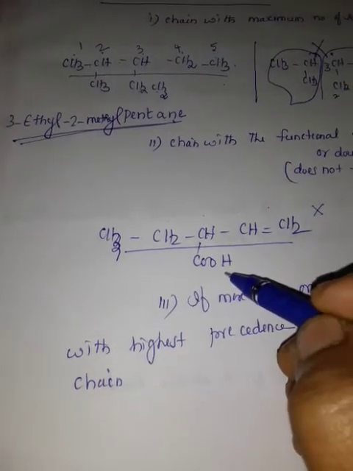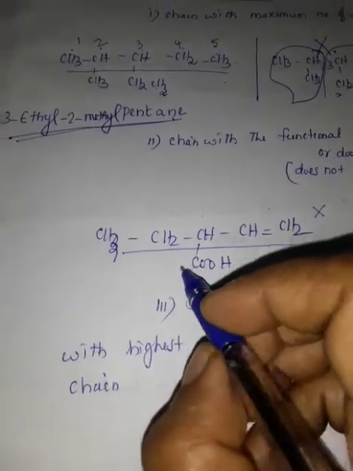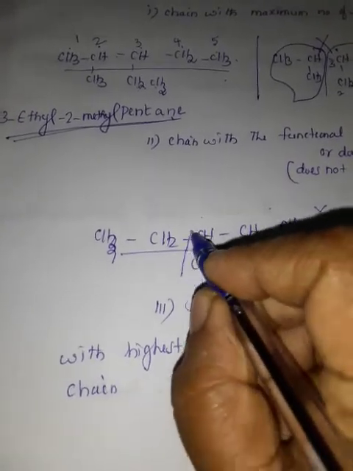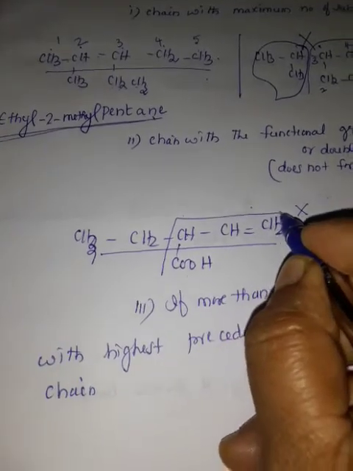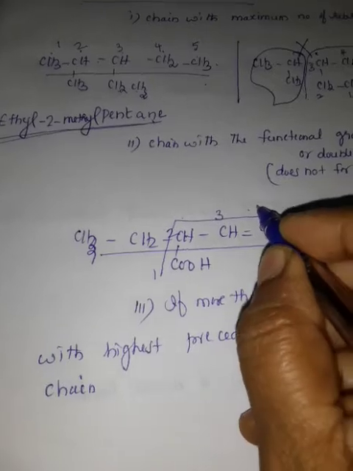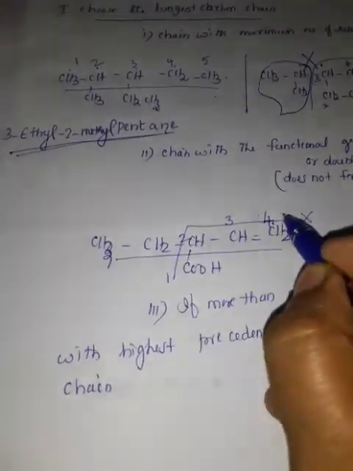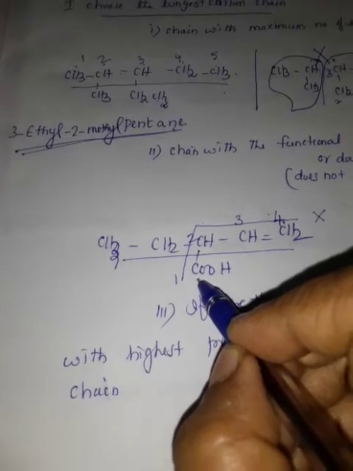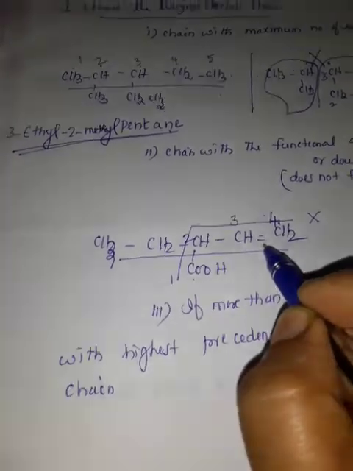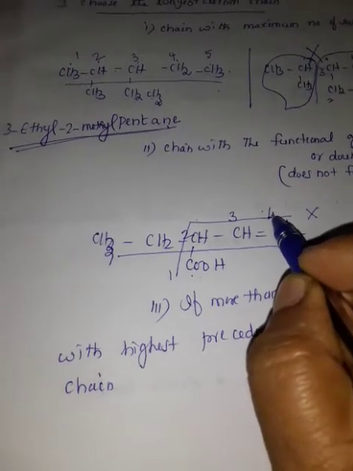So how will you select? You can select like this: 1, 2, 3, 4. If you select this, the COOH group is in the same chain, and the double bond is also in the same chain.